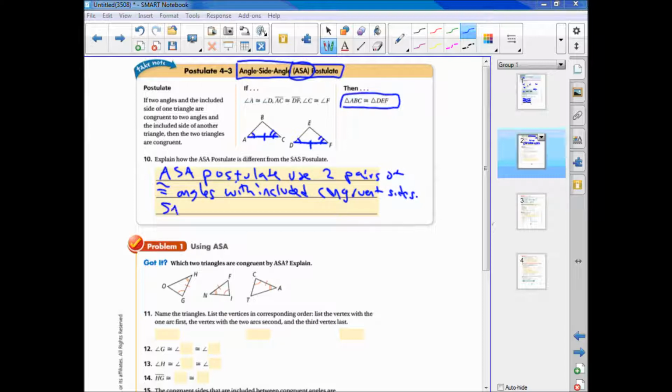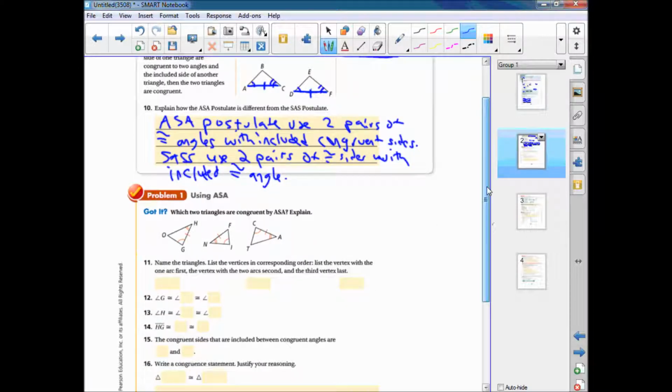And the SAS uses 2 pairs of congruent sides with included congruent angle. So one of them uses 2 angles, one of them uses 2 sides. Okay? All right.